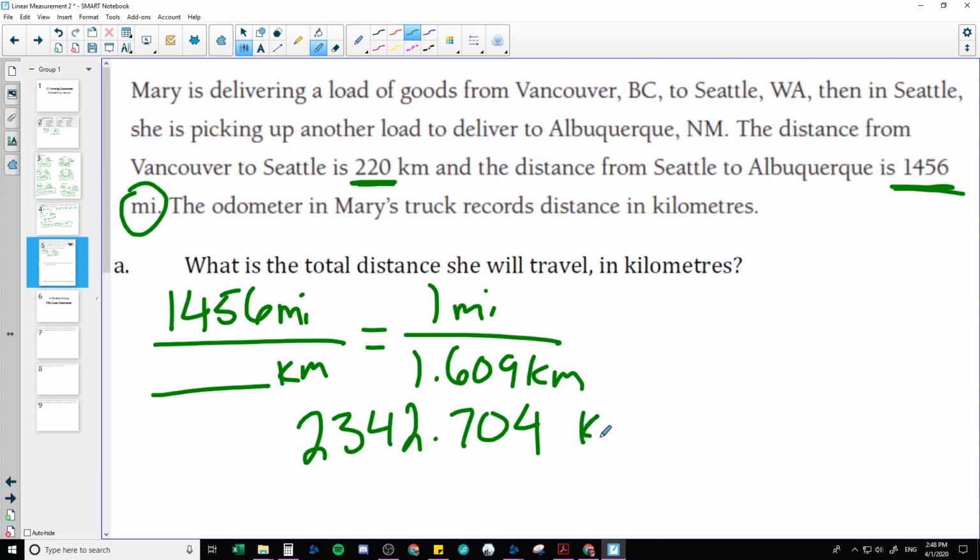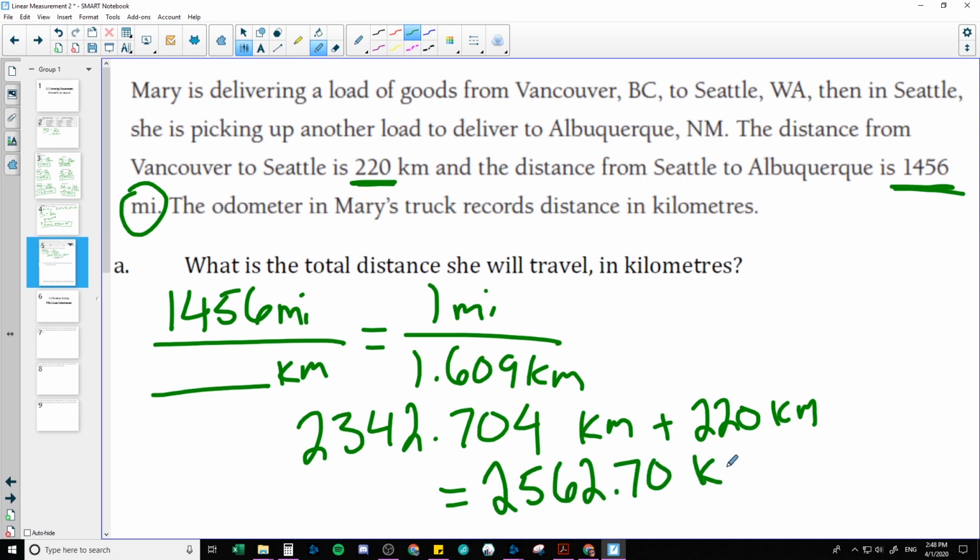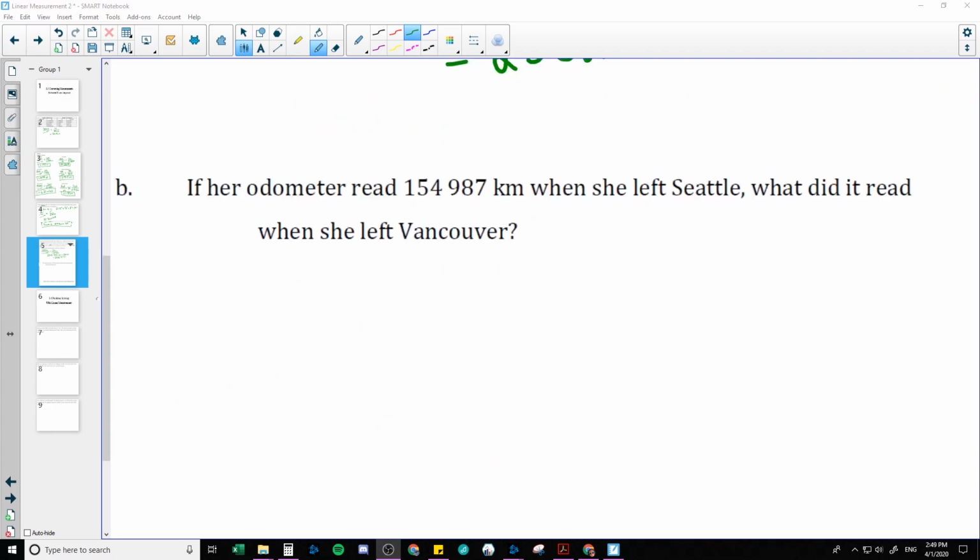Okay, this is kilometers, but this is not the answer because she's also traveling this 220. So we have to add 220 kilometers. Okay, which will then give us our answer of 2,562.70 kilometers.